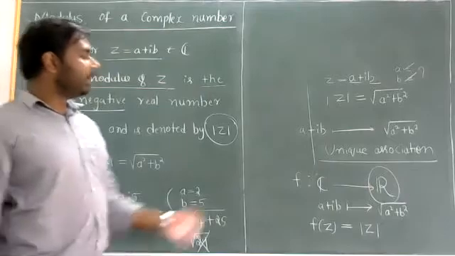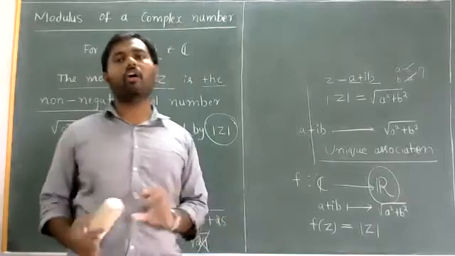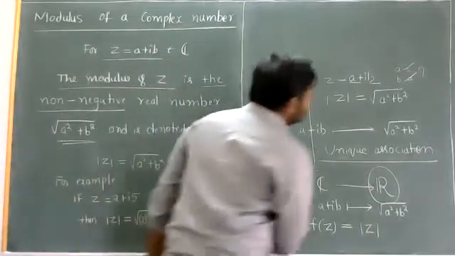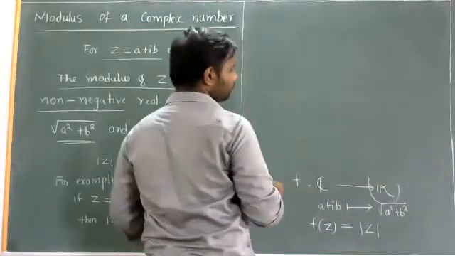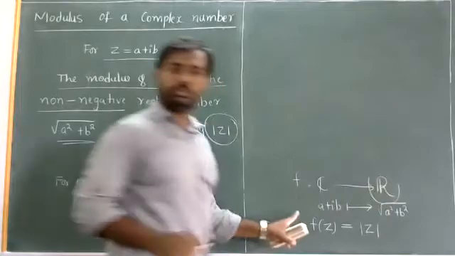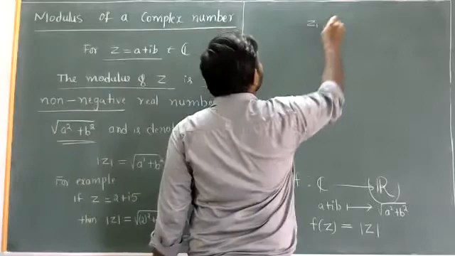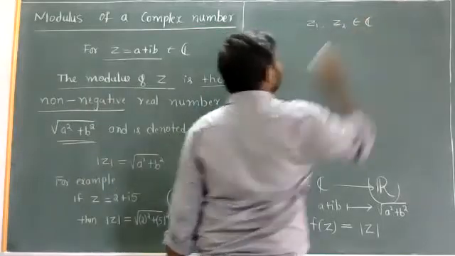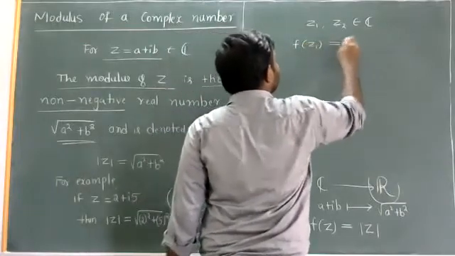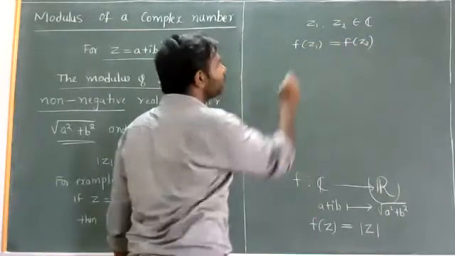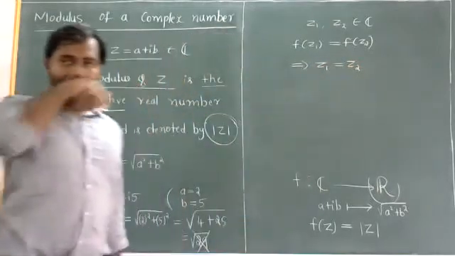Now, whenever we come across a function, we can check whether it is 1-1 or onto. Now the question is, is f 1-1 or not? To say f is 1-1, what we have to verify? For any z1 and z2, for any two domain points, if the images are equal, that is, if f of z1 is equal to f of z2, then it must imply that z1 has to be equal to z2.